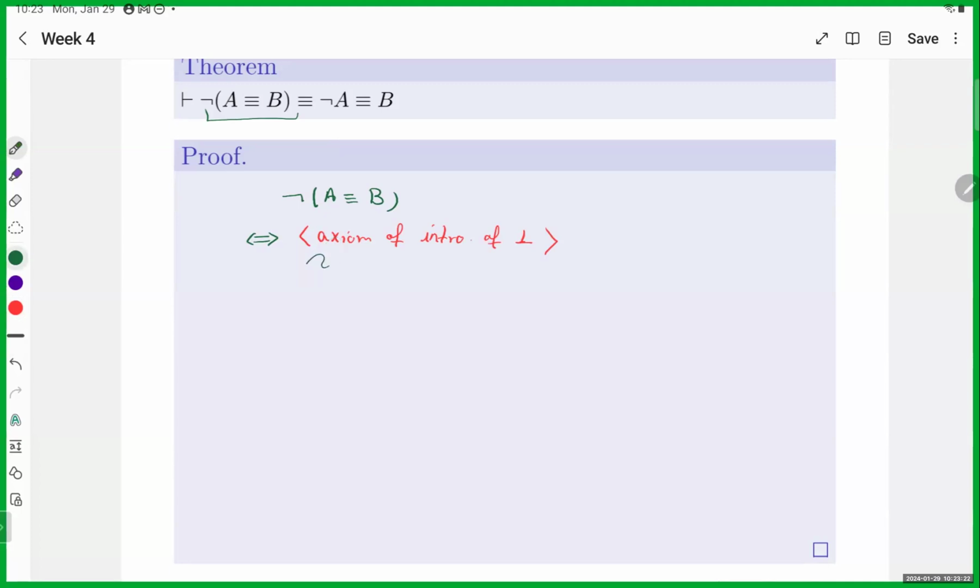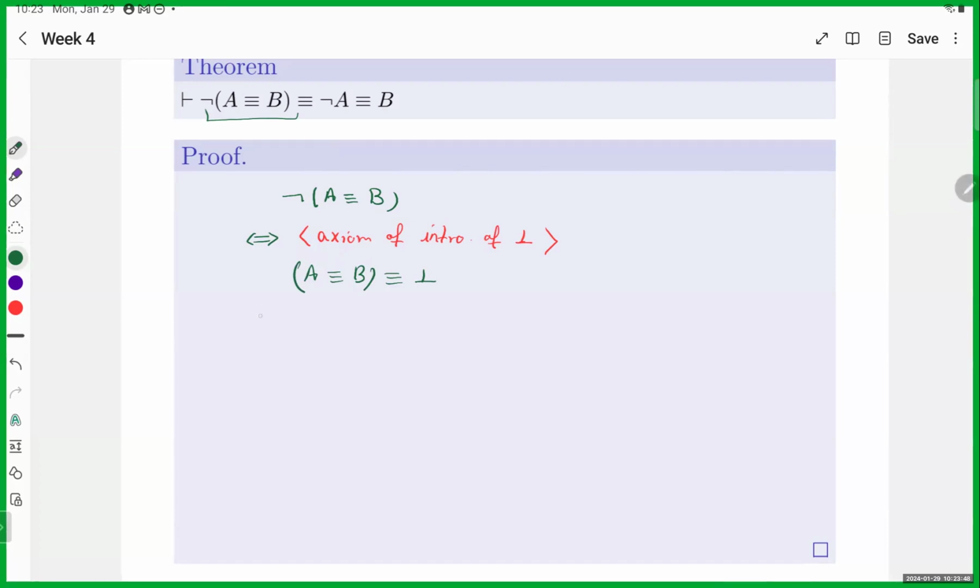And I know this is equivalent to A is equivalent to B, equivalent to bottom, right? I applied it to this formula. You know that negation of any formula is equivalent to the formula is equivalent to bottom. That's one of our axioms.